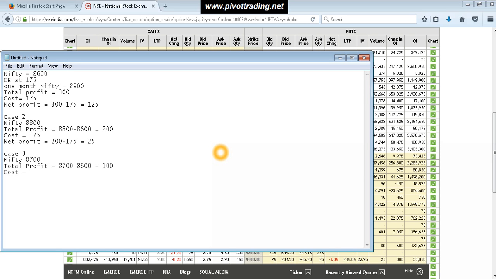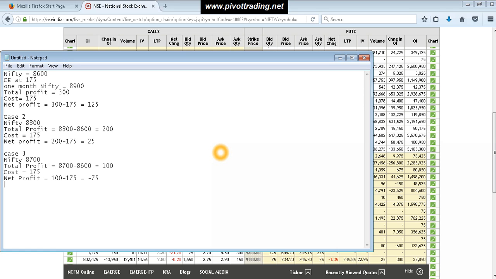Cost involved is 175. What is your net profit? Sorry, your total profit today is 100, but your cost is 175. So your net profit is minus 75. That is, you are in a loss of 75.